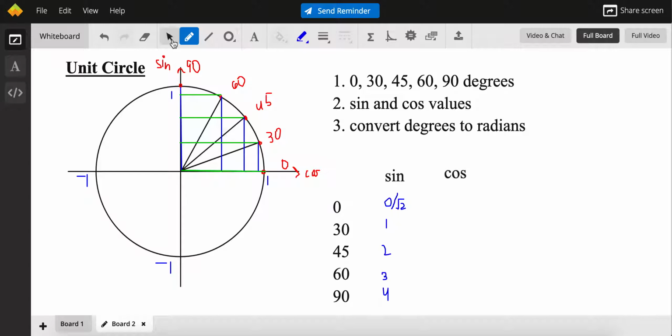Actually, let me move cosine over so it gives you space for what's coming. So then 1 divided by radical 2. 2 divided by radical 2. 3 divided by radical 2. 4 divided by radical 2.